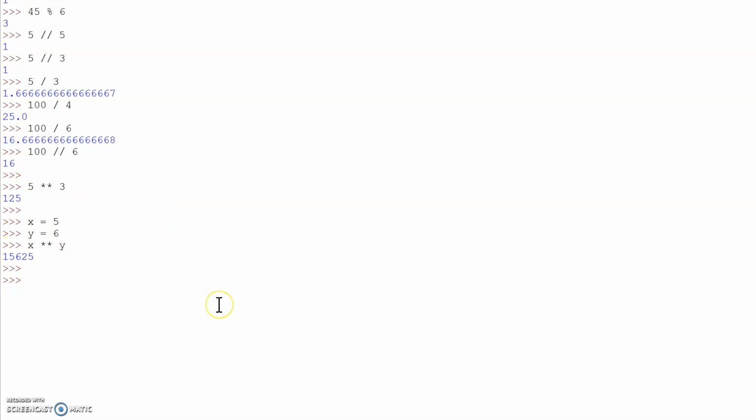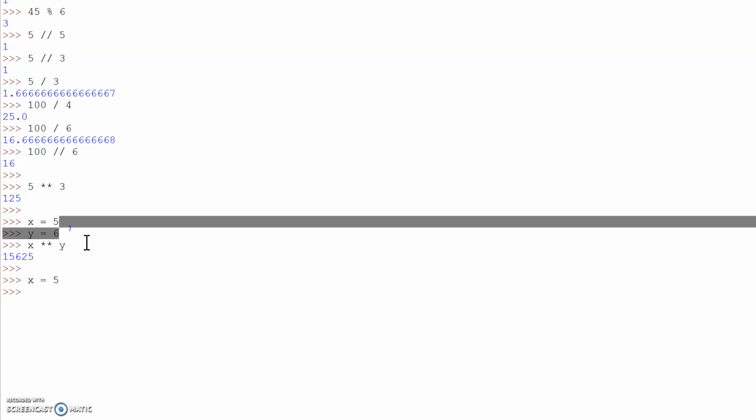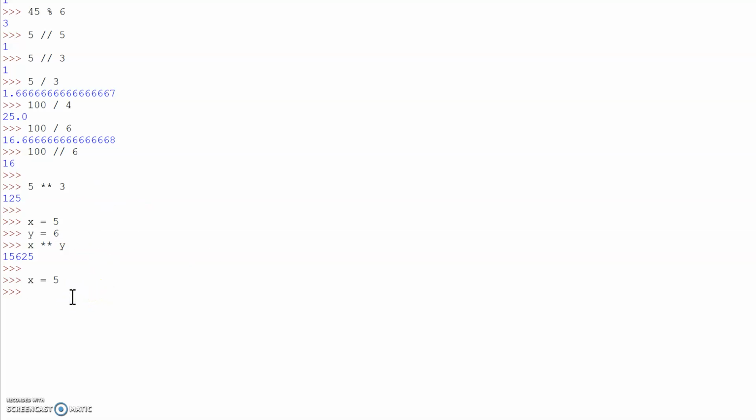Now we have the plus equals operator. So plus equals, minus equals, asterisk equals, and slash equals. They are all giving a new value to variables. So if we go x equals 5, and we've already done that actually, up here, yes, x equals 5, y equals 6, so we don't have to do that again.